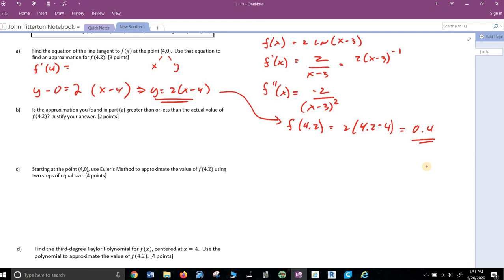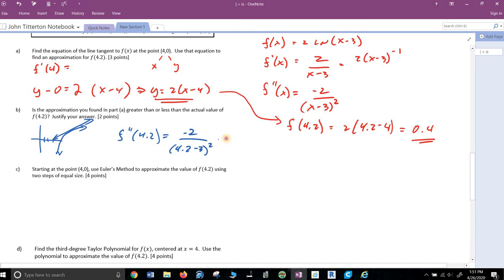Here's why I did the second derivative. I actually graphed this and said, well, I know what the graph looks like, so that should be good enough. And I'm going to say probably that'll do. Something like this. And if we go out there, we do this. Clearly, it's an over approximation. So how do we say that? If you remember, you would say, well, f double prime at actually 4.2 is negative 2 over 4.2 minus 3 squared, which is negative.